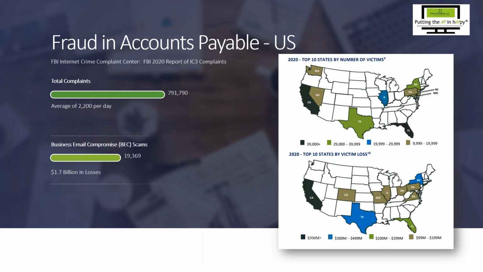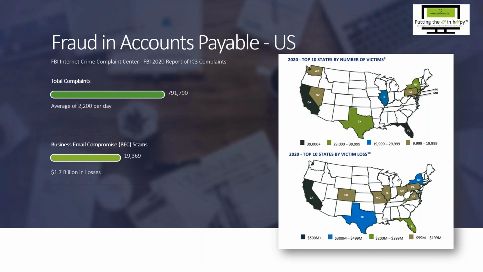Business email compromise scams, where a fraudster attempts to trick AP team members into believing they are a CEO or a vendor to add or change vendor bank details, decreased in the number of incidents from almost 24,000 in 2019 to just over 19,000 in 2020.